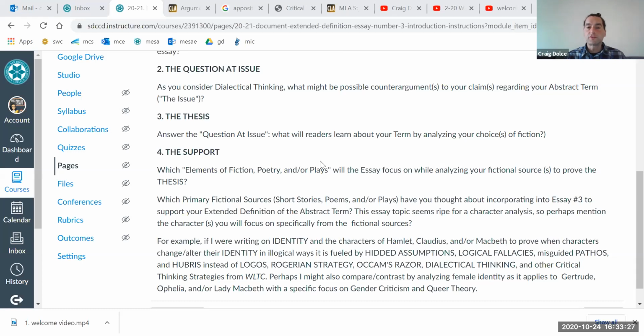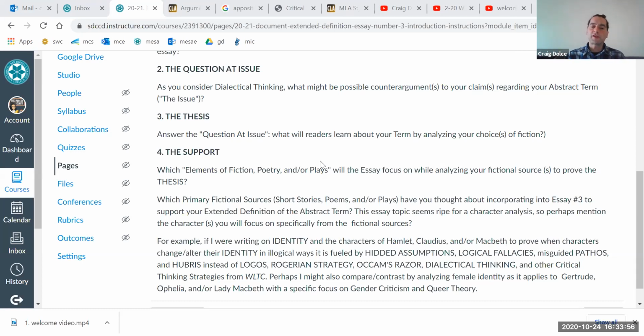There's always going to be issues of style you can focus on: word choice, connotation, denotation, figures of speech. You can look at lineation, caesuras, enjambment, punctuation. Any of the elements of fiction, poetry, and plays from reading and writing about literature that we have discussed and read about through the semester are fair game as your supporting ideas.